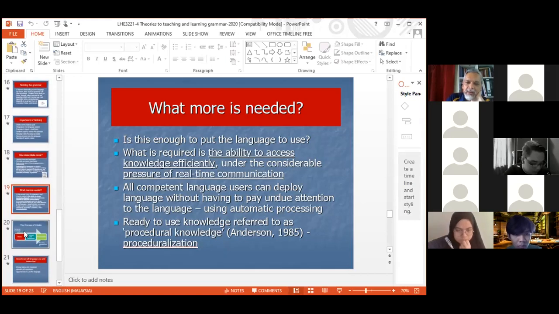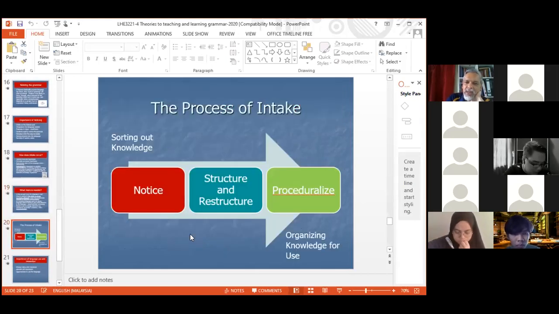So basically, the whole process of intake is this. Noticing, opportunities to structure and restructure, maybe noticing and opportunities to re-notice. This is where you sort out the knowledge, leading up to proceduralization. Proceduralize means you organize the knowledge for use.